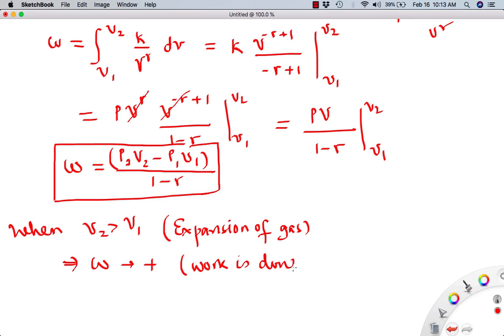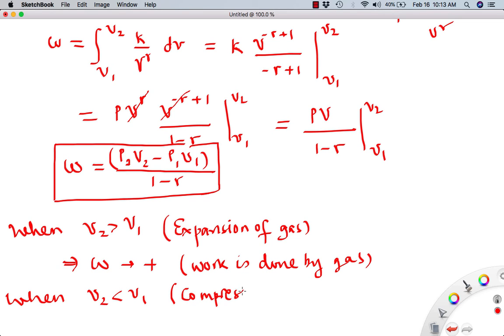Likewise, when V2 is less than V1, so the final volume is less than the initial volume, it's compression of the gas.